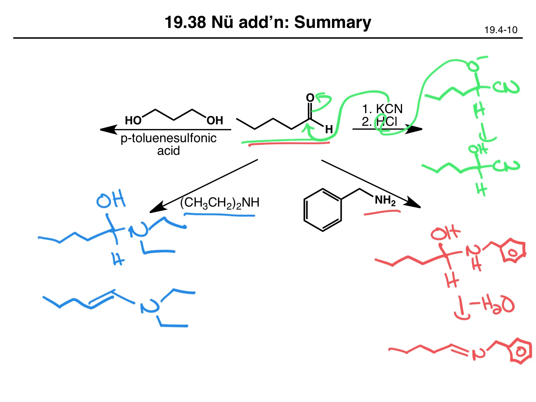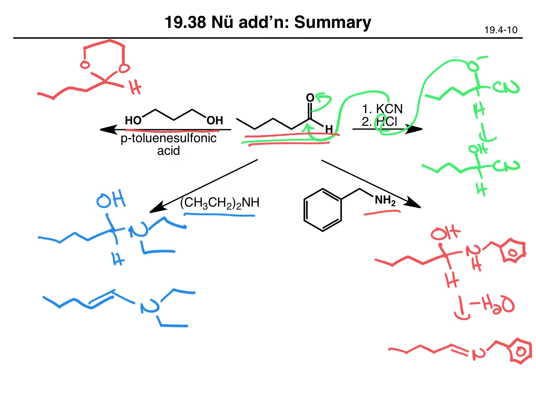And then last example, if we have an aldehyde and we treat it with a diol in the presence of an acid, so paratoluene sulfonic acid or tosic acid, this is a commonly used acid just because it is relatively easy to work with. It's a solid, so that makes it a lot easier to work with than some other acids.